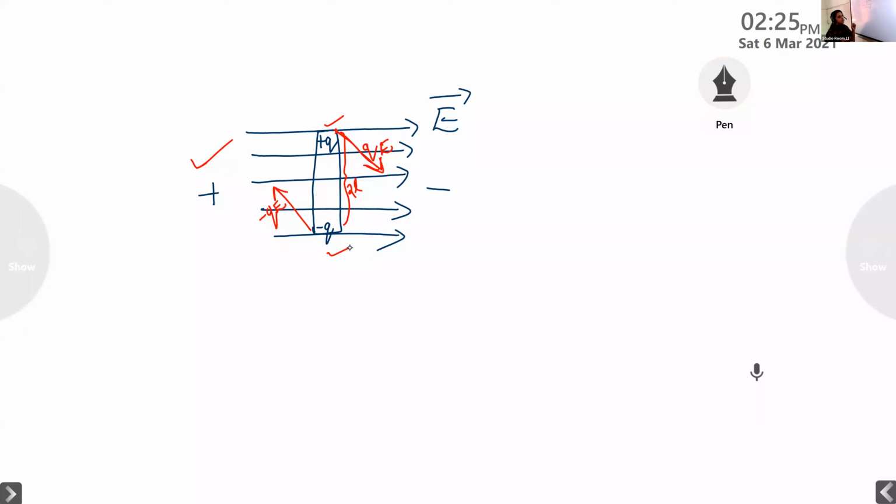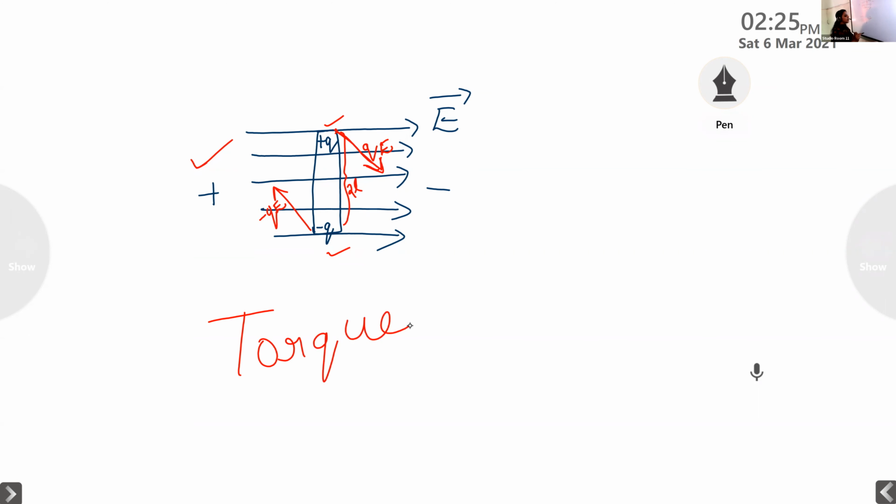Even though the net force experienced by the dipole is 0, due to the forces on the plus Q charge and minus Q charge, the dipole gets slightly rotated inside this electric field, and this rotation effect of the electric dipole is known as torque.